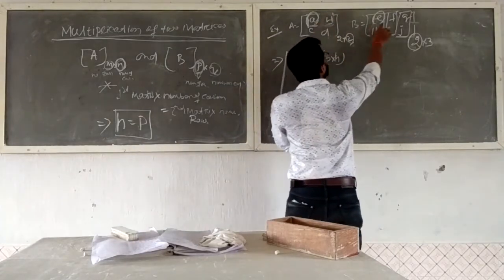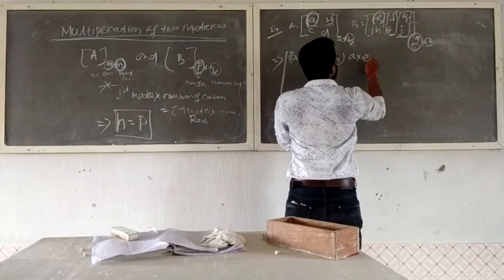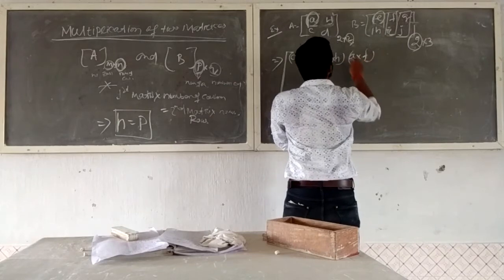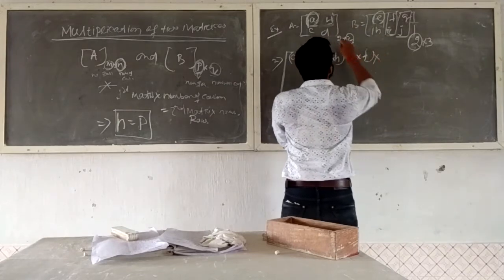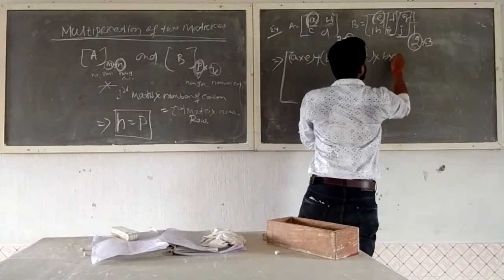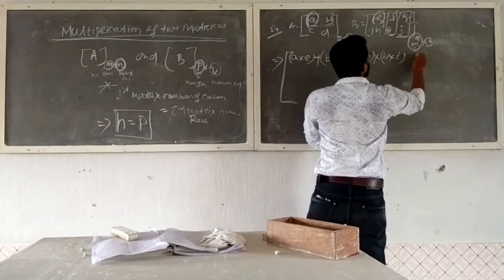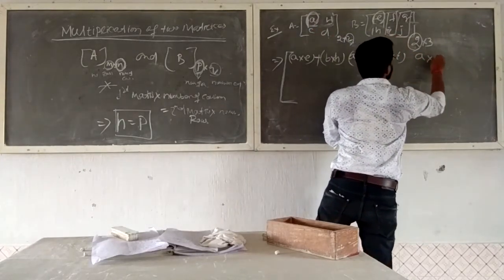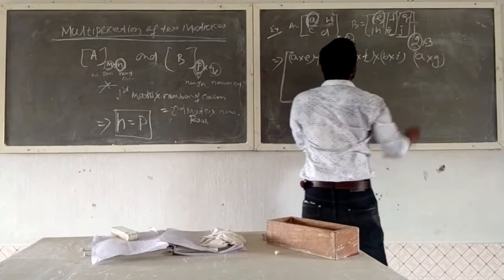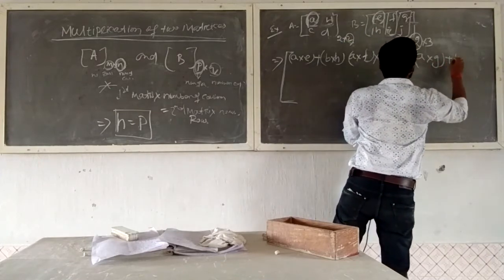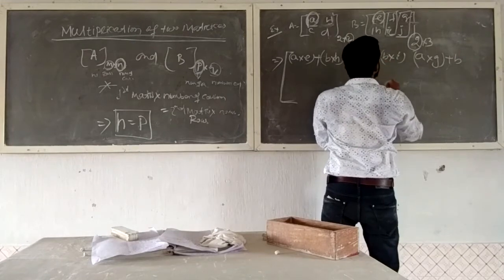Similarly, A is multiplied with F, and B with I. Similarly, A is multiplied with G, and B with J.